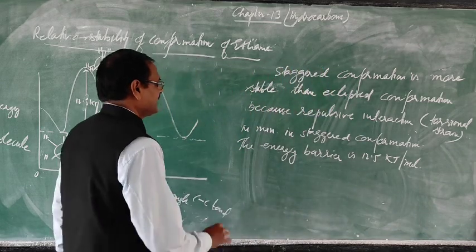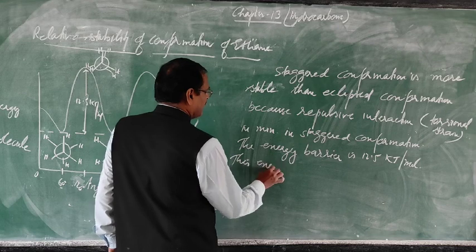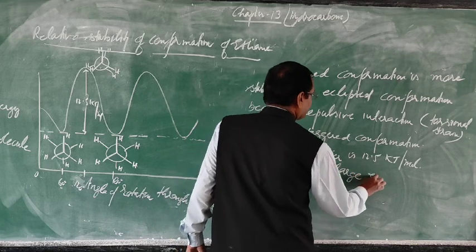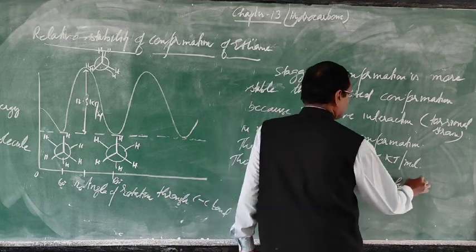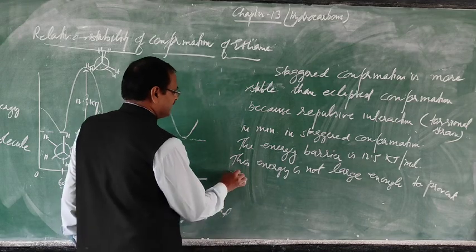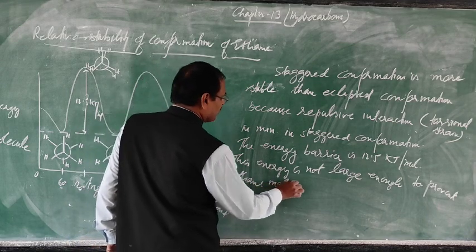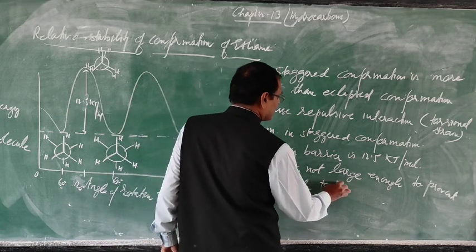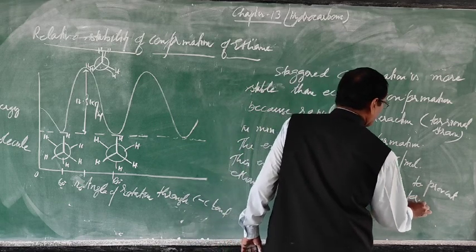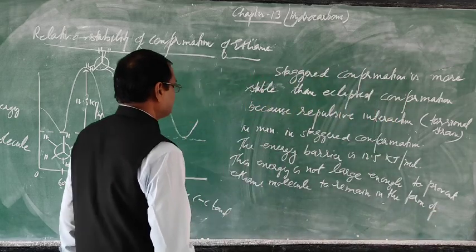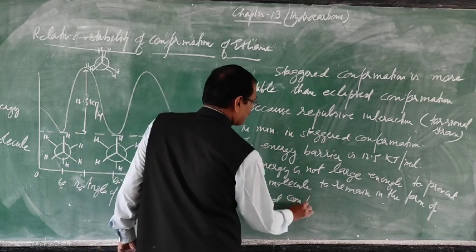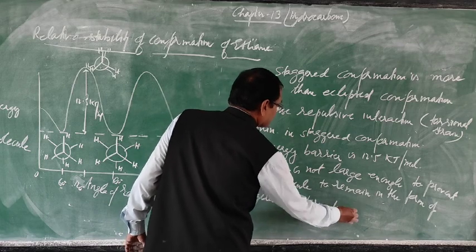This energy is not large enough to prevent the ethane molecule from remaining in the form of staggered conformation.